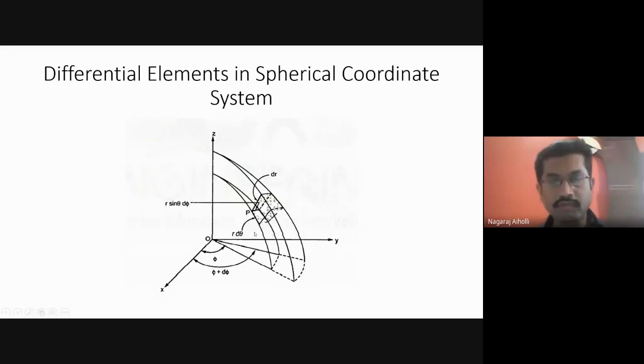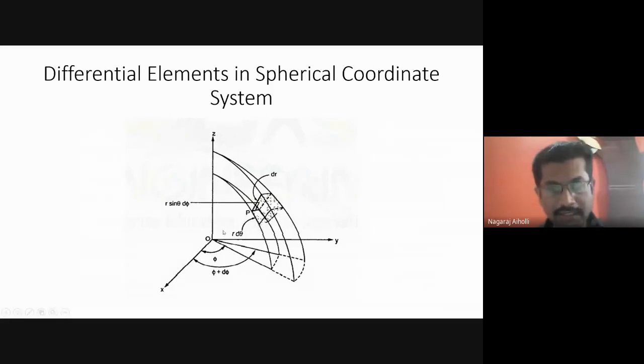Now, what about theta? Try to understand here. For theta, there is a point. One line is joining from O to this point of the surface, the lower point.